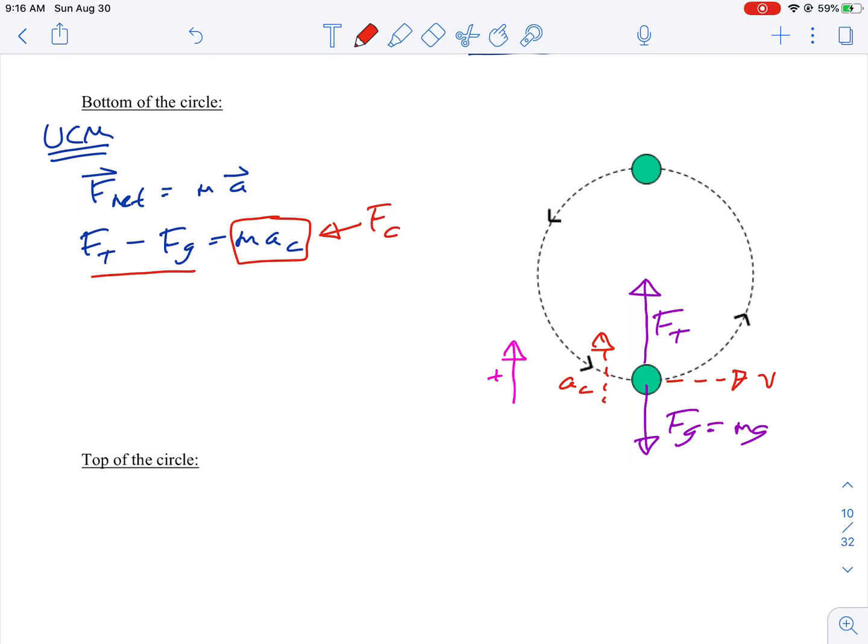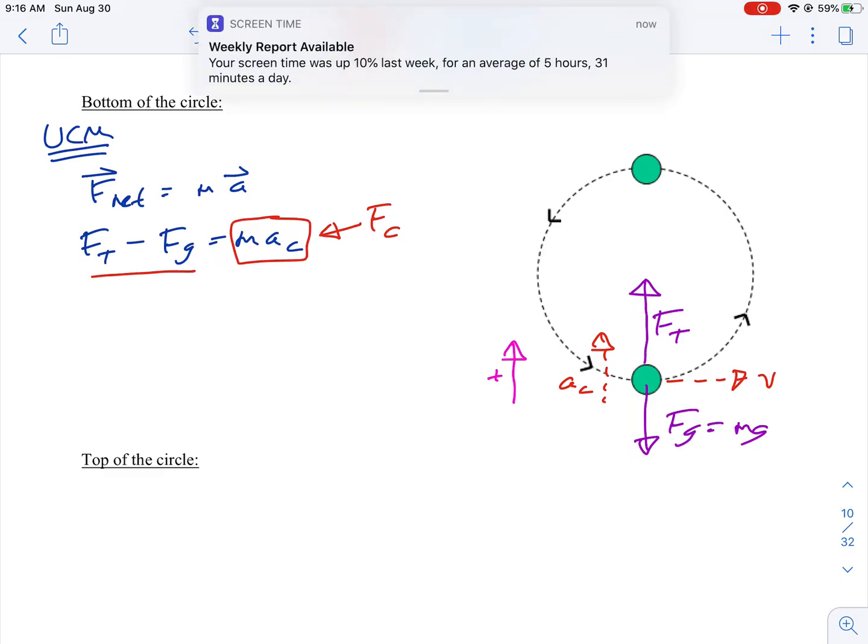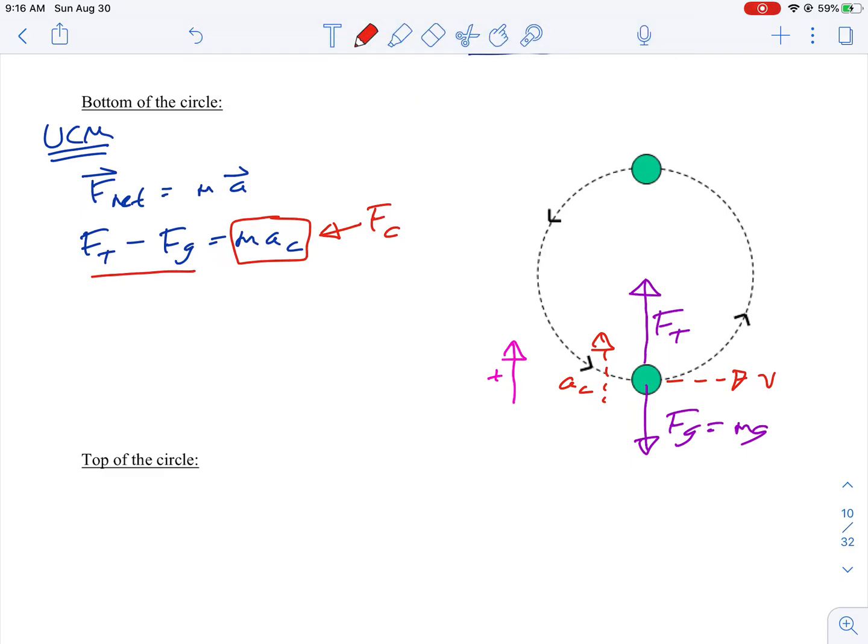But can you see that Fg is going away from the center? It's resisting circular motion. Therefore, it's negative. That's why it's Ft minus Fg. Ft is positive because it's helping the circular motion, and Fg is negative because it's hurting the circular motion. Good. So that is how you identify the centripetal force.